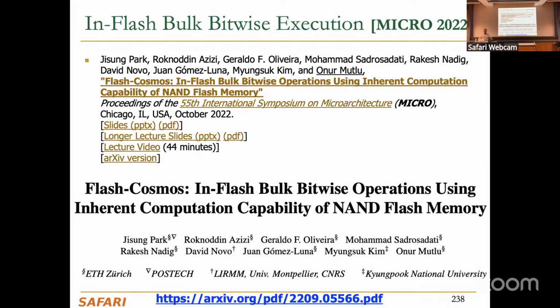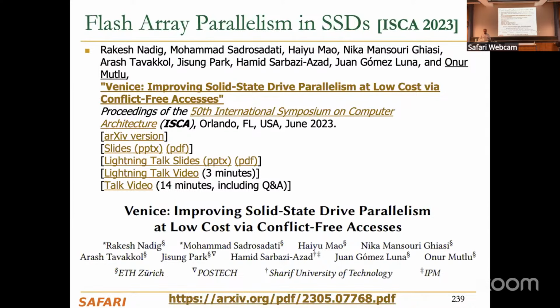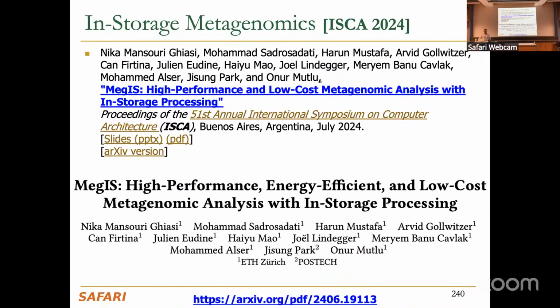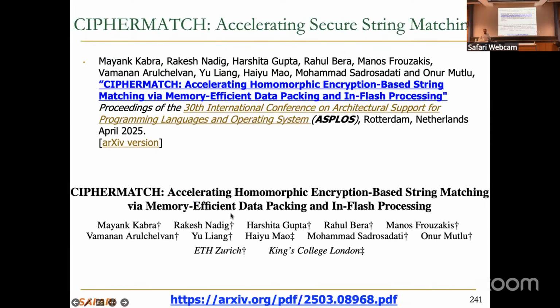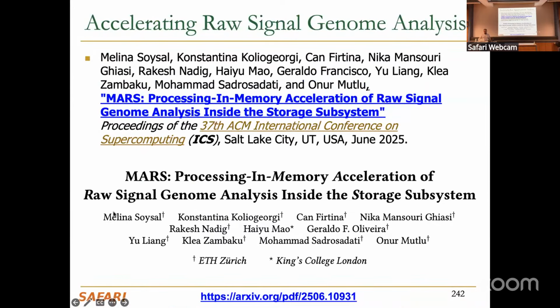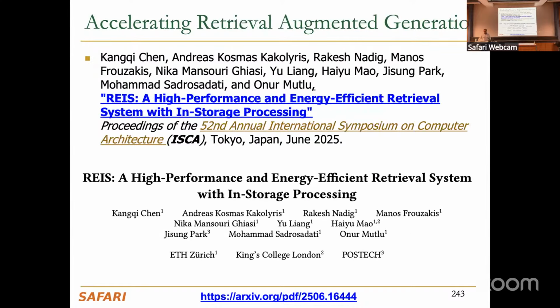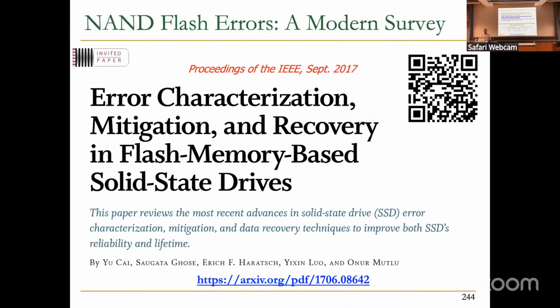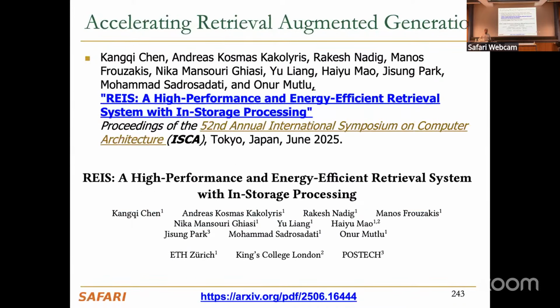Doing computation using flash chips in the Flash-Cosmos paper, and this Venice paper that we discussed. Another storage-centric computing work for metagenomics. Doing homomorphic encryption using flash memory, CipherMatch, and MARS, which Konstantina was one of the leaders of, for another important genomic application, and for retrieval-augmented generation, for example for LLMs. So there are a lot. This line is very much active, so just write to me if you're interested in working on it.